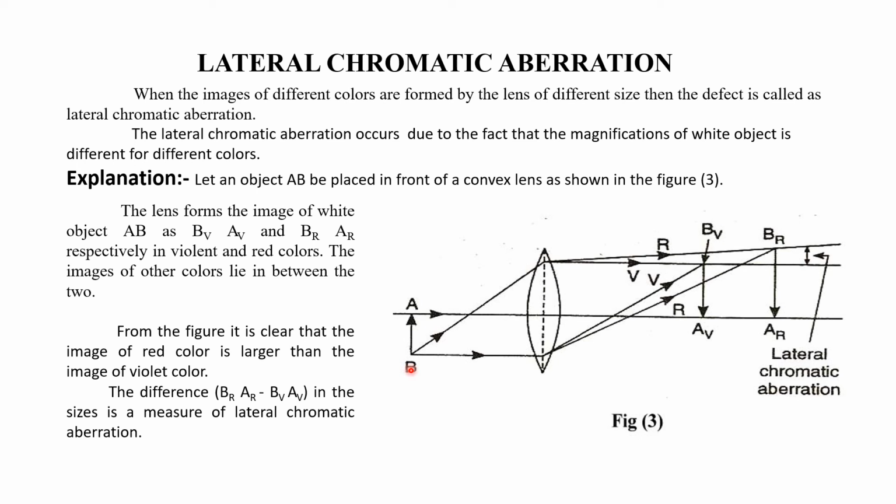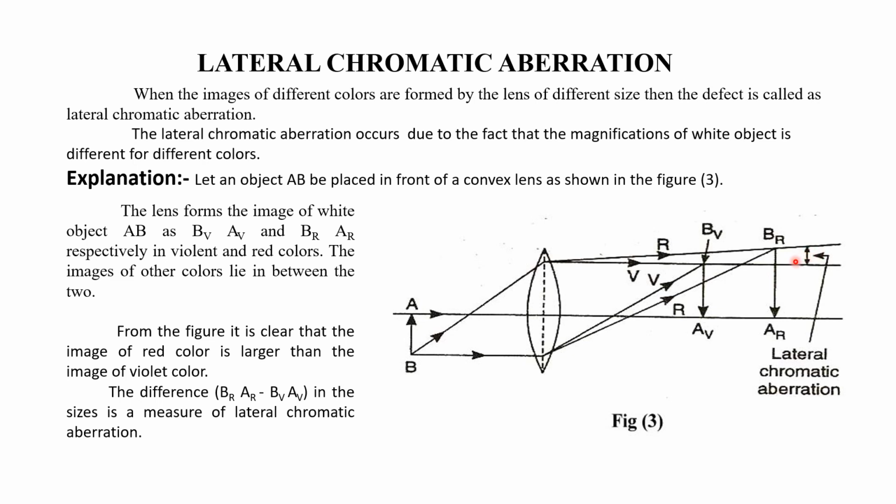So if white light is coming from this object and allowed to pass through the convex lens, it forms different colored images. For violet, this is the image, and for red, this is the image. Here you can see the size of the violet image is less when compared to the size of the red image by an amount as shown here.